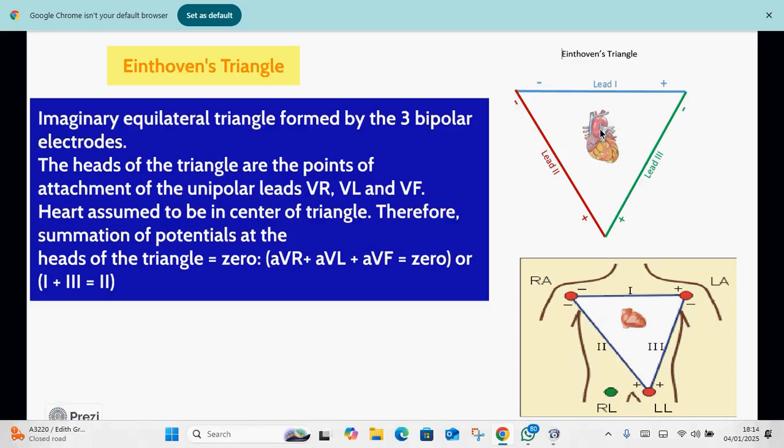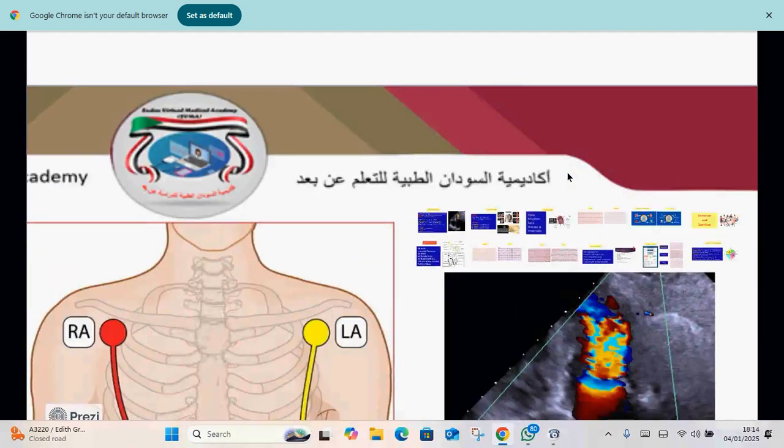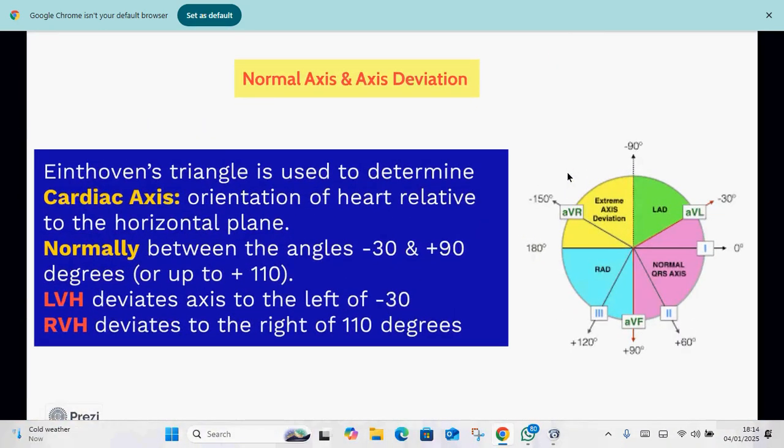This triangle is important because we use it to measure something called the cardiac axis. The cardiac axis by definition is the orientation of the heart. When you are standing, your heart apex is facing downwards and to the left.